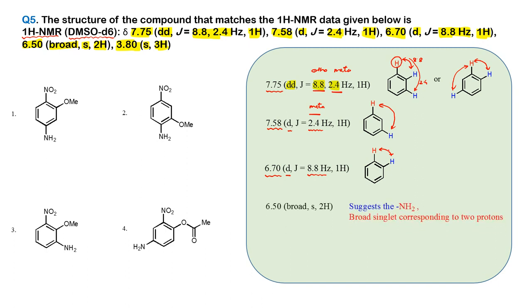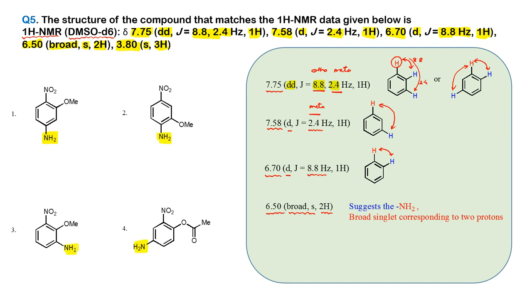The next delta value is 6.5, which shows a broad singlet, meant for 2H. If you look at all four structures over here, one common point is that they all have one common functionality, the NH2.